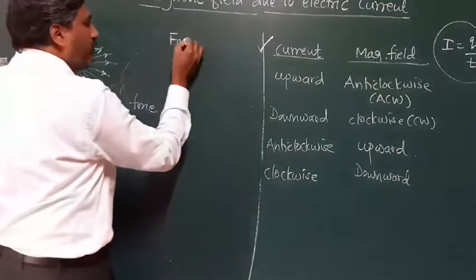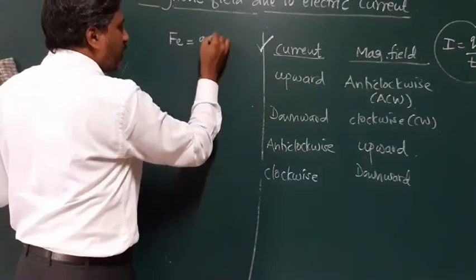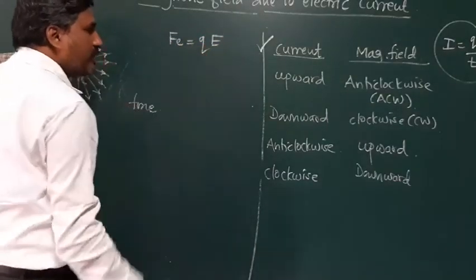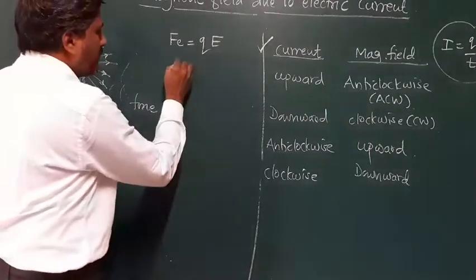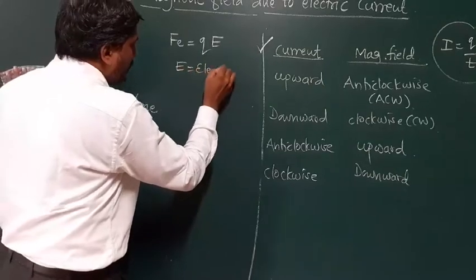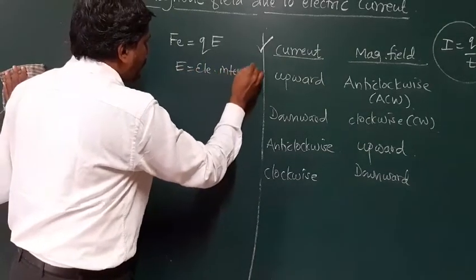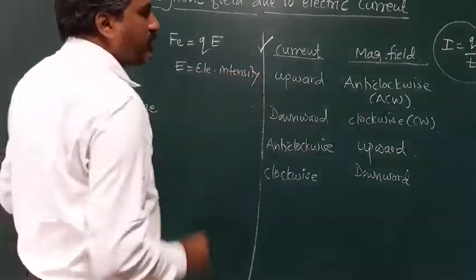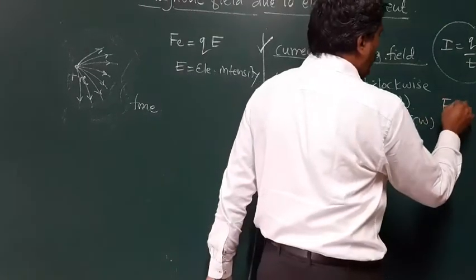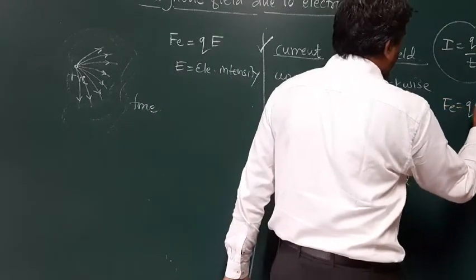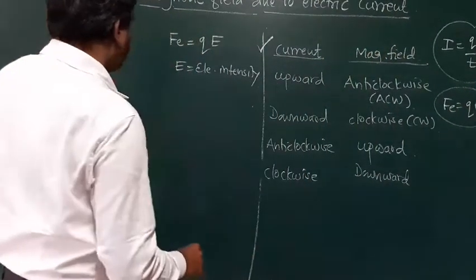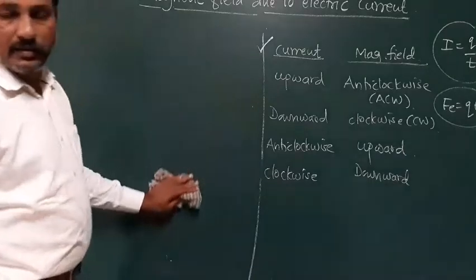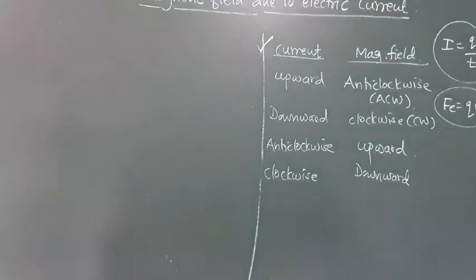That electric force is given by, it is very simple, Q multiplied by E. What is that E? E is my electric intensity, where E stands for the electric intensity. So this is one more important formula that we have to note down, that is Q into E. This is my electric force. Is it clear? Okay, because we already studied in the last day.